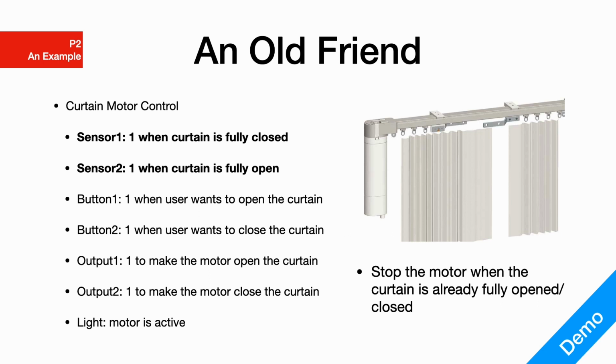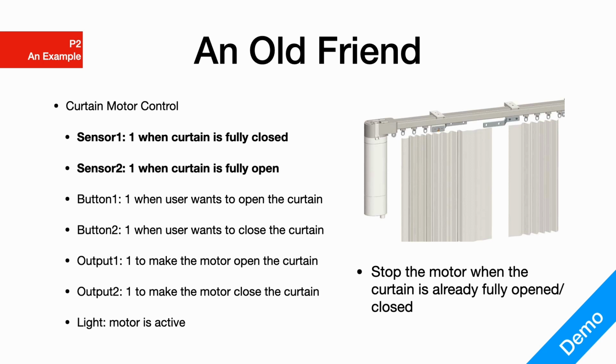That would not be very good for your motor, for your entire system. And aside from these, you also have output 1, which is a motor control signal. If the output signal is positive, it will make the motor rotate to open the curtain.